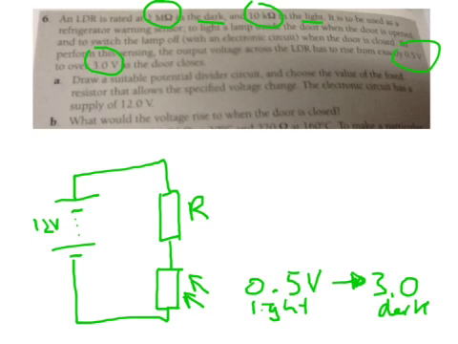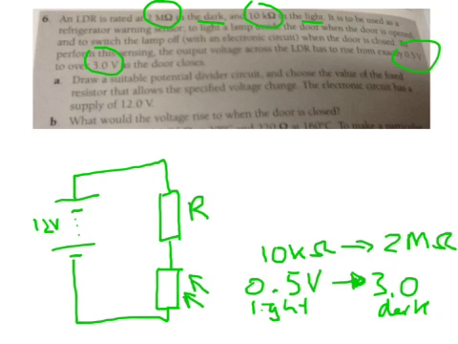In any case, the resistances have to change from, in the light, 10k ohms to 2 mega ohms. So that's 2 million, 2 times 10 to the 6. Now all we have to do is use the values that we know to find our R value.